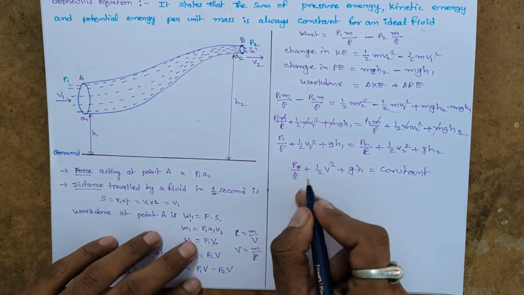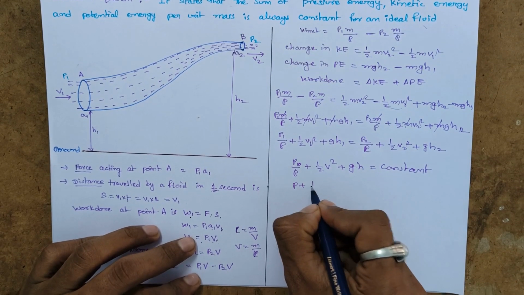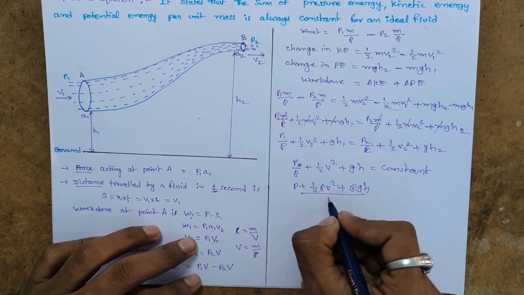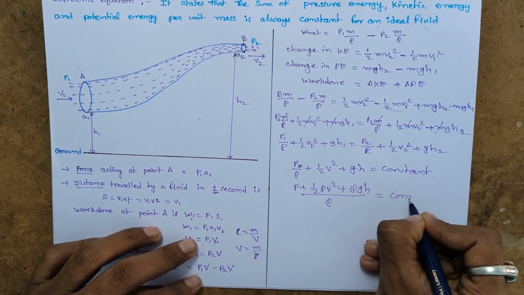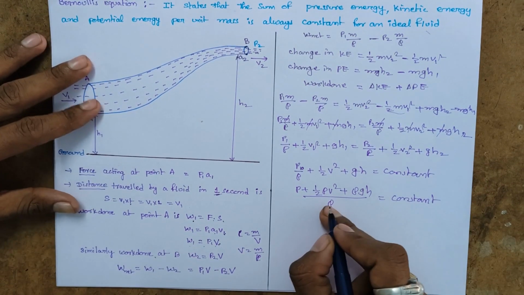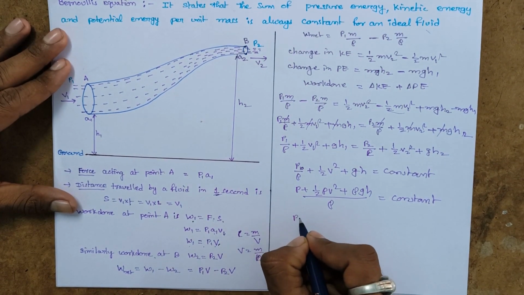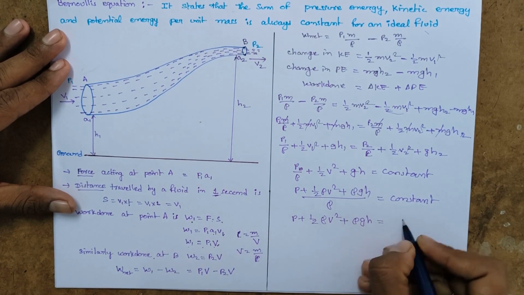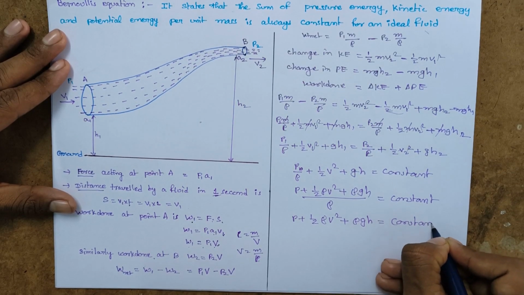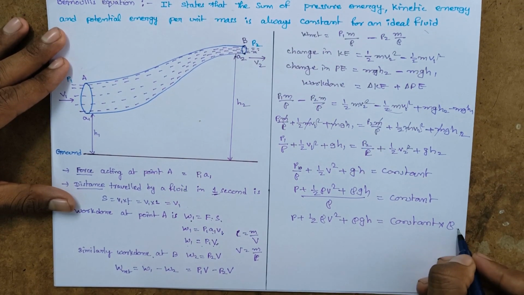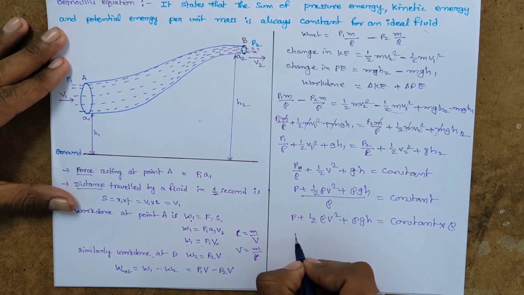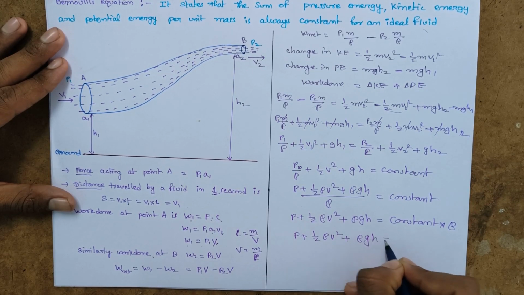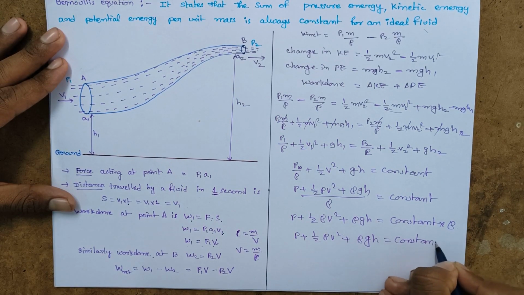Or we can write this as P plus half rho v square plus rho gh divided by rho is equal to constant. Bring rho to the right side: P plus half rho v square plus rho gh is equal to constant into rho. Anything into a constant is a constant. So P plus half rho v square plus rho gh is equal to constant.